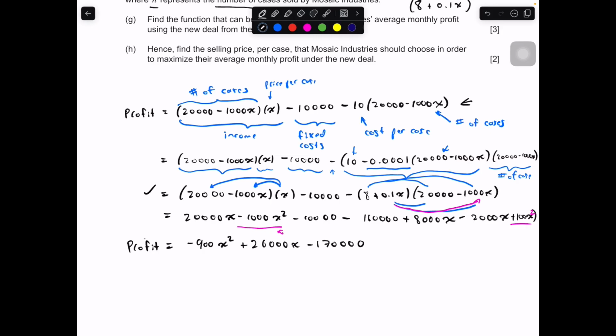Once again, expanding 0.1x times negative 1,000x squared gives us, negative times a negative turns into a positive, positive 1,000x squared, and then positive 100x squared, minus 1,000x squared gives us negative 900x squared.